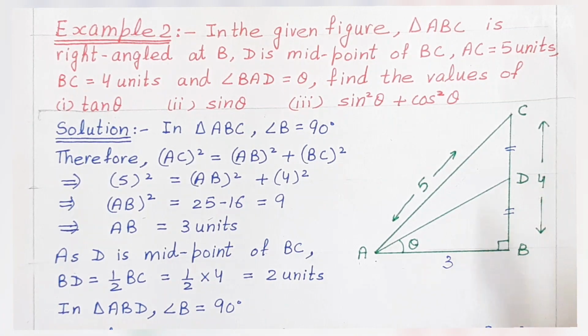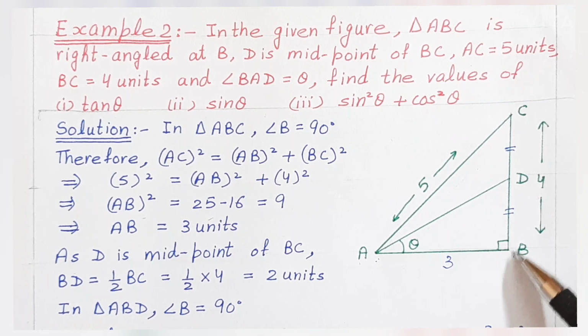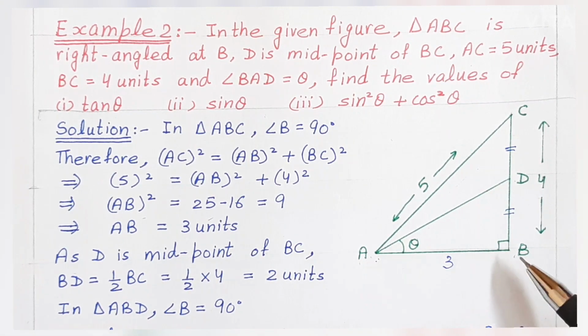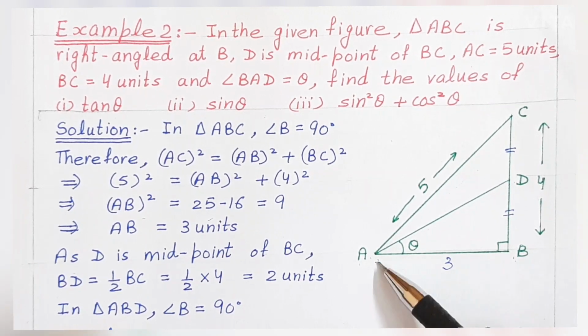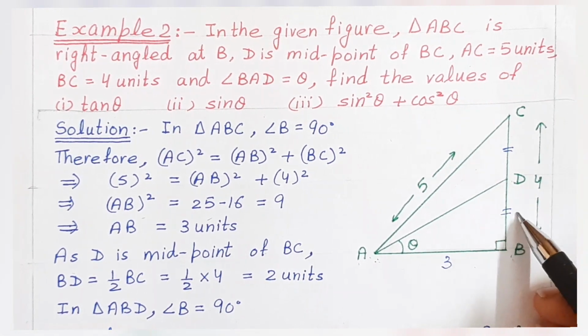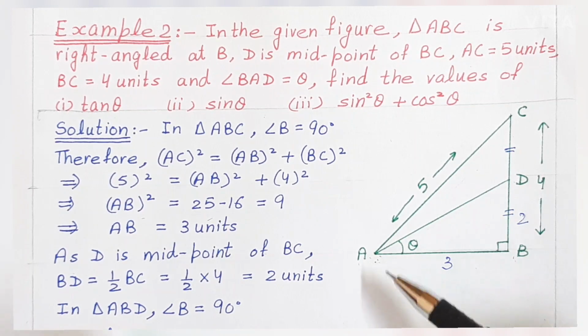Clear? Now let us consider triangle ABD. Now students, you can see in triangle ABD, AB is 3 units, BD is 2 units. Now let us find AD, which is actually the hypotenuse of this triangle.